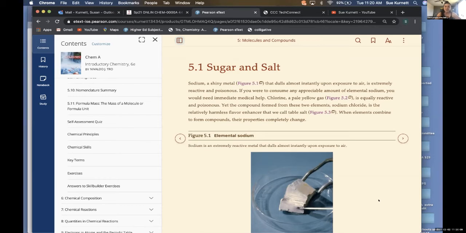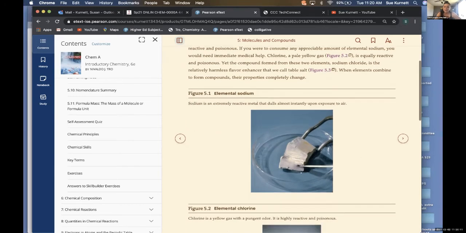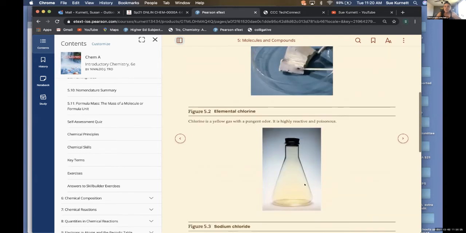You should do both. But anyway, they start with elemental sodium. And you've seen a video that showed how alkali metals react in water. They very quickly give off their electrons to water and form hydrogen gas. So elemental sodium is not stable. And elemental chlorine is also not stable.